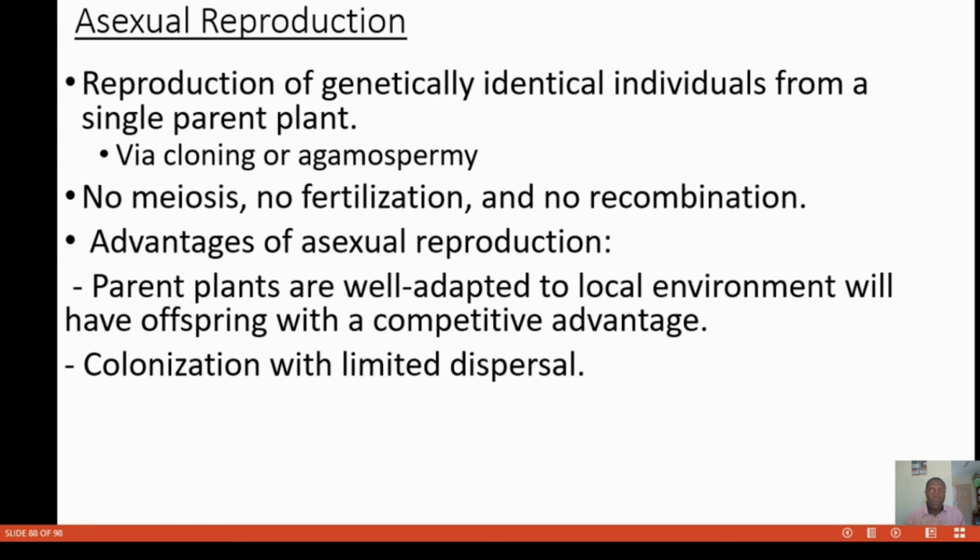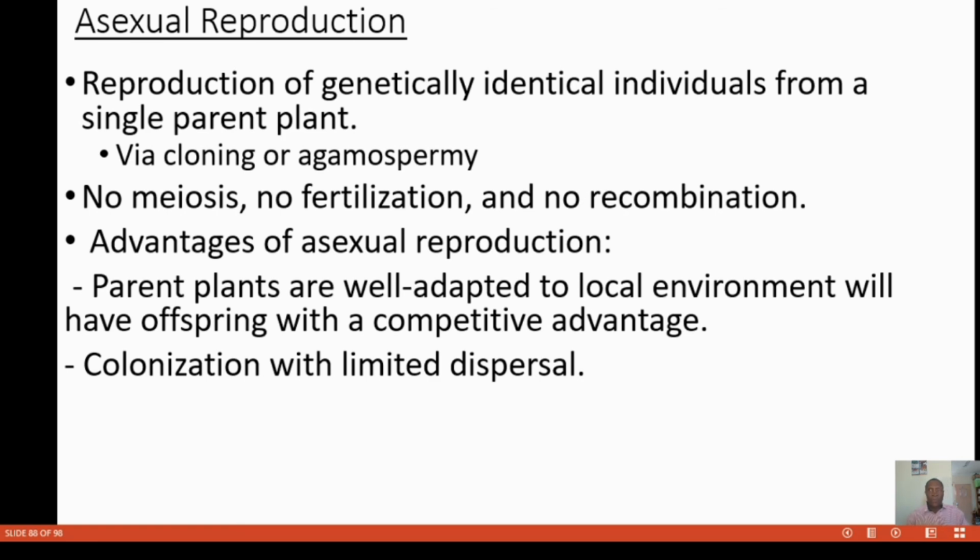Now, asexual reproduction is where we may have the resulting plants being genetically identical from the single parent asexual part.